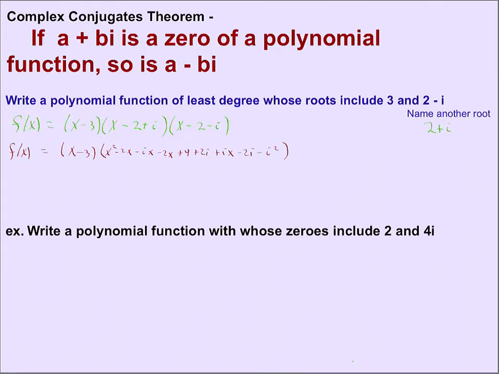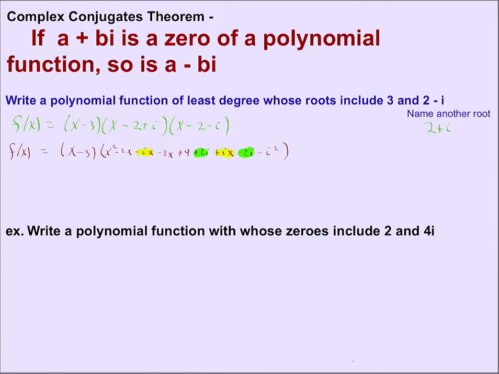But so much of this cancels out. We knew this was going to happen because we were multiplying conjugates together, so a lot of things are going to cancel out in the middle. The negative ix and positive ix cancel out. The 2i and the negative 2i cancel out.